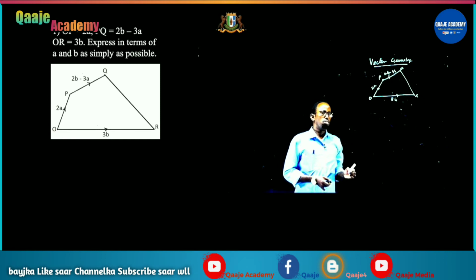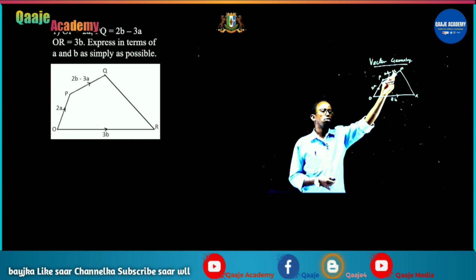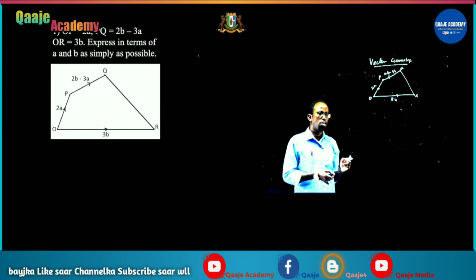Now OB is 2A, PQ is 2B minus 3A, OR is 3B. Express in terms of A and B as simply as possible.